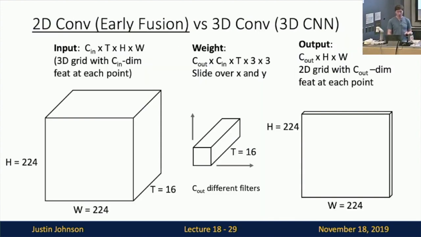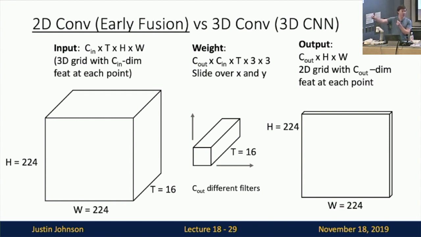So in the early fusion approach, recall that what we've done is we've taken our input tensor. So now we're drawing this three-dimensional tensor with two spatial dimensions, H and W, and one temporal dimension, T. And now we're imagining that at every point in this 3D grid, there is a feature vector attached. And now if we imagine using 2D convolution to process this, what we're doing is having a convolutional filter that extends over a tiny region of space, but extends over the full depth in time.